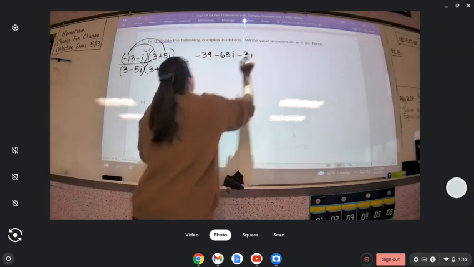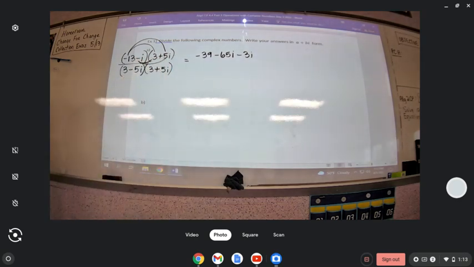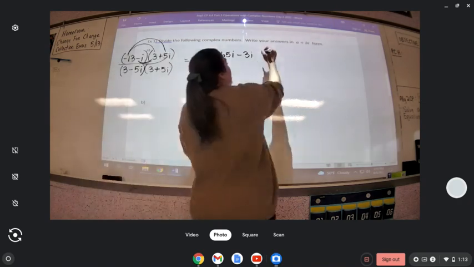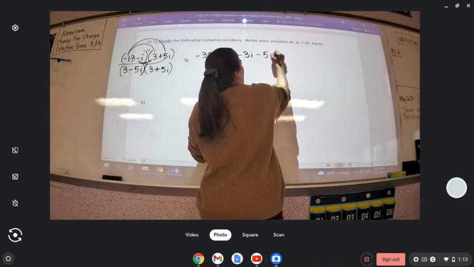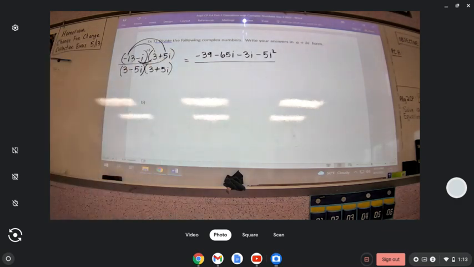Negative 3i. Nice. And then last, negative i times positive 5i. Negative 5i squared. Awesome. All right, now guys, what's a big old mess? We'll come back. Let's just get all the foiling out of the way. Just remember though, we're only trying to make the bottom become this beautiful number. The top's probably going to stay ugly. It's going to be a complex number.